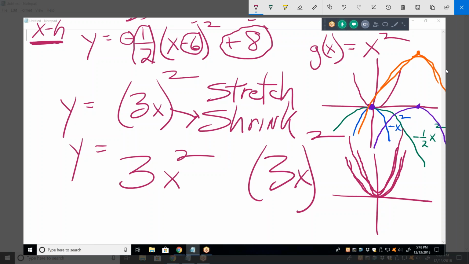So my vertical stretch and my horizontal shrink are similar in the way they change the graph. They either make it skinnier or fatter. But when you're thinking horizontal shrink, what you're doing is pushing both sides in, so it makes the curve skinnier.